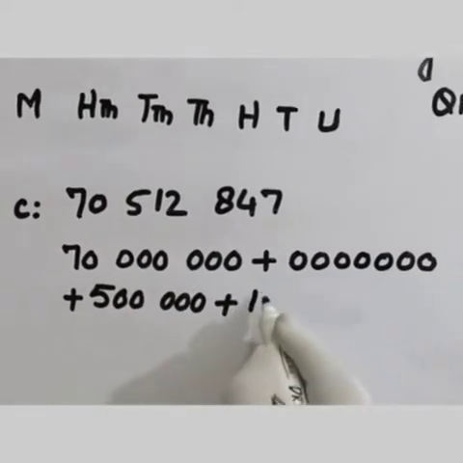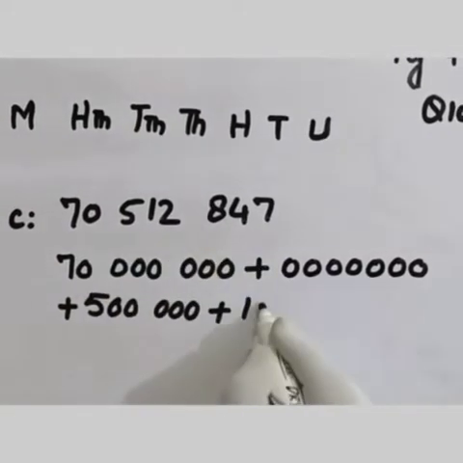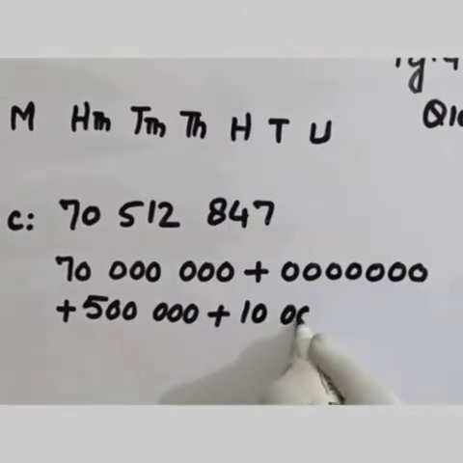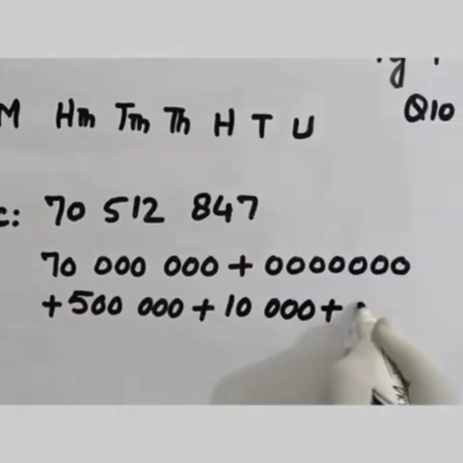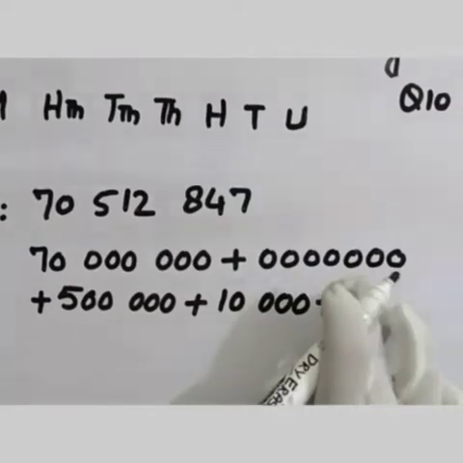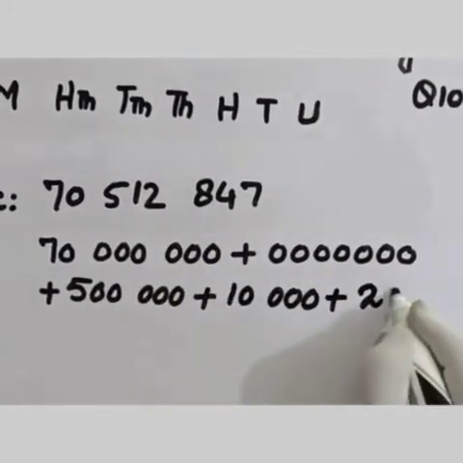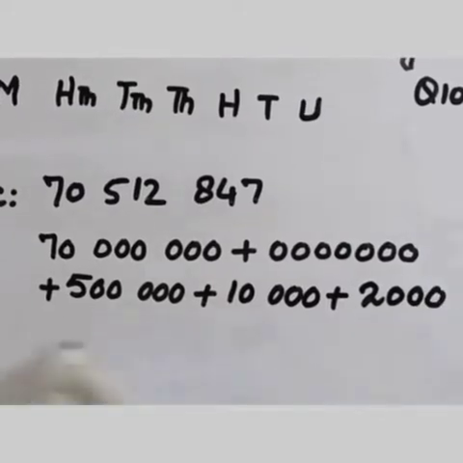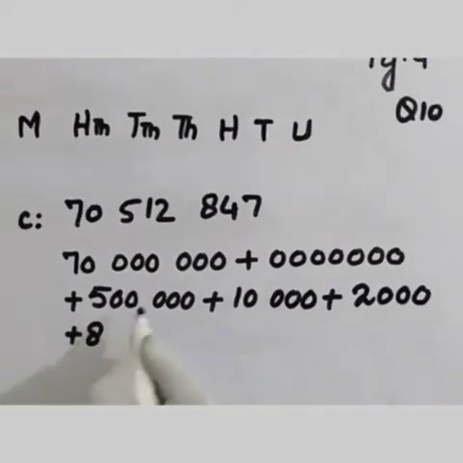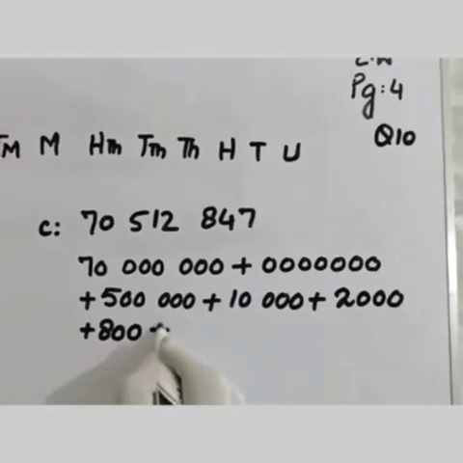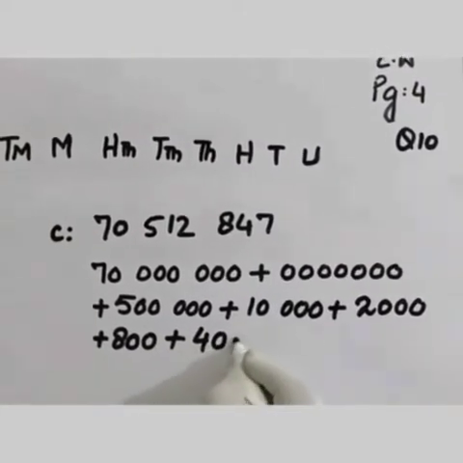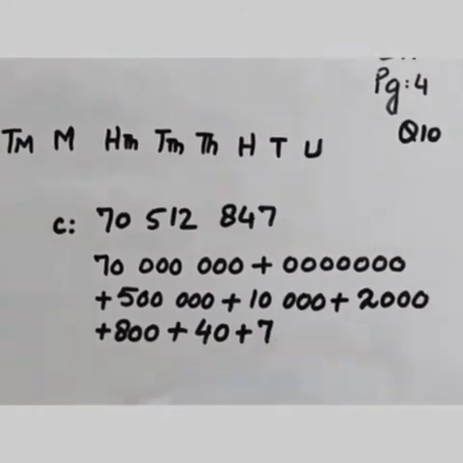How many digits? 1, 2, 3, 4. Then 8. Then 2. How many digits are there? 3. 1, 2, 3. Then 8. 2 digits. Then 4. 1 digit. And at the end 7 is left.